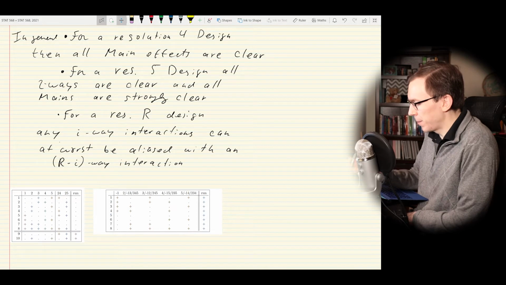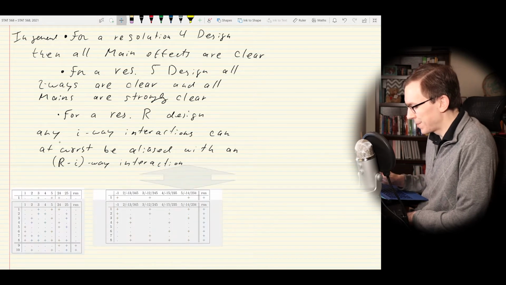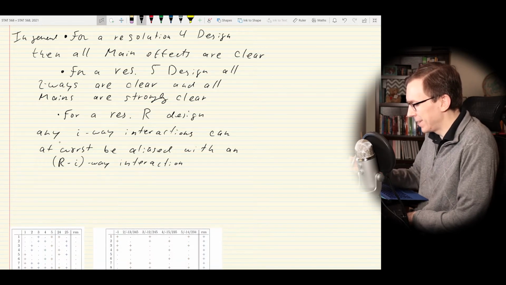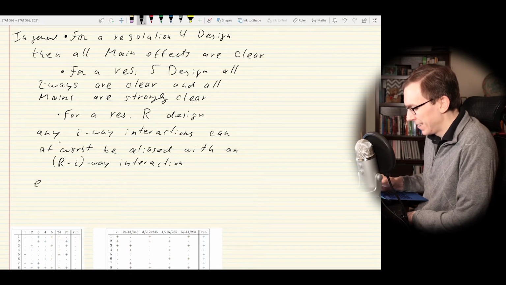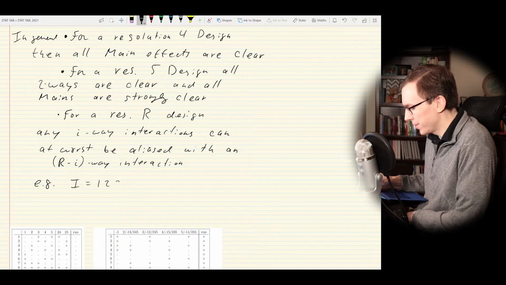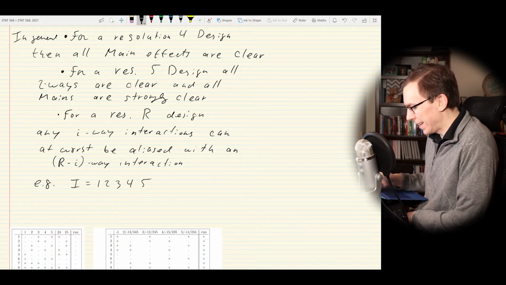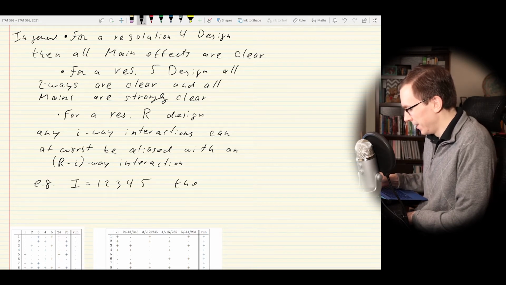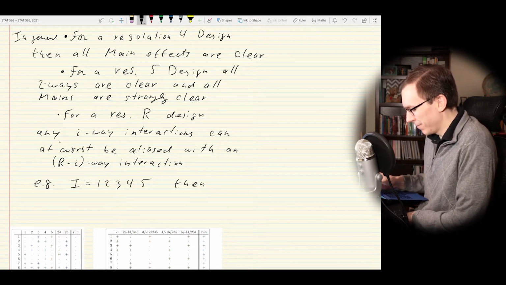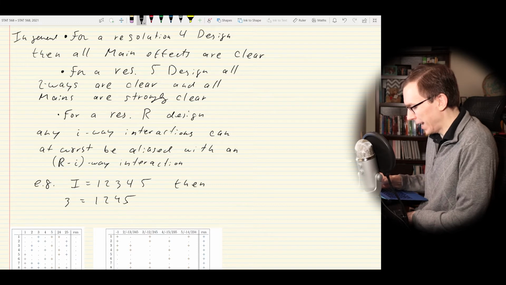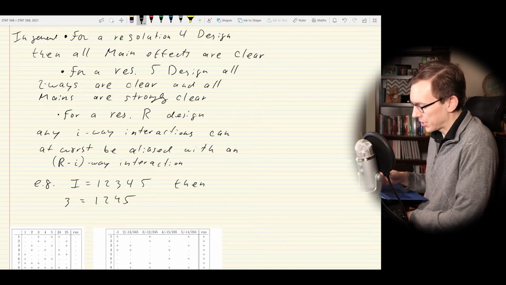And this really just comes down to, in some sense, staring at it in an example. So example, if I have something like I equal to 1, 2, 3, 4, 5, then what we would find is that, let's say, 3 is aliased with 1, 2, 4, 5. So it's aliased with a 4-way interaction.